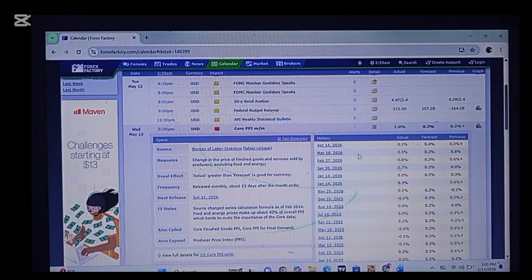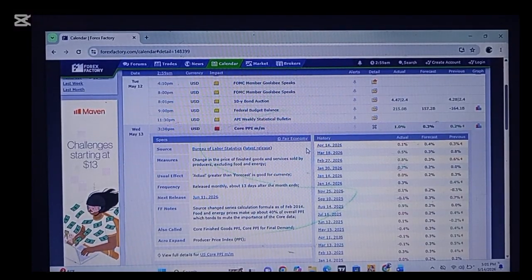This was the first time. In April we had the actual of 0.1, they had forecasted 0.4, so inflation was not high. In fact, there was a decline from what they had expected. March, 0.5 against 0.3, just slightly high. February 0.8 against 0.3, January 0.7 against 0.2. But look at May, we have 1.0 and they had forecasted 0.3.